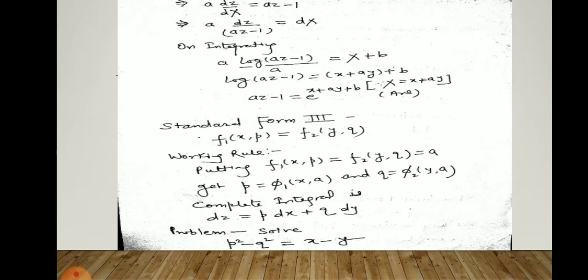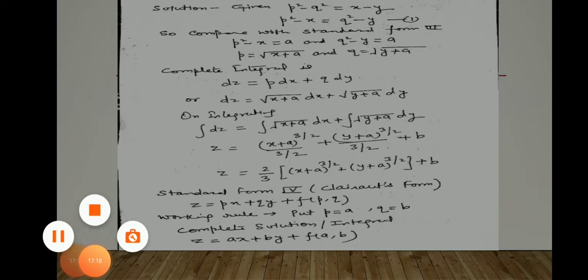So look at the example. Here you have to solve p square minus q square equal to x minus y. The given equation can be written as p square minus x is equal to q square minus y.